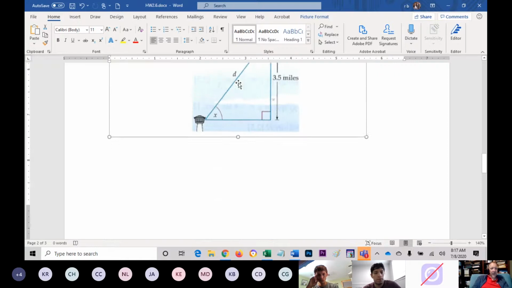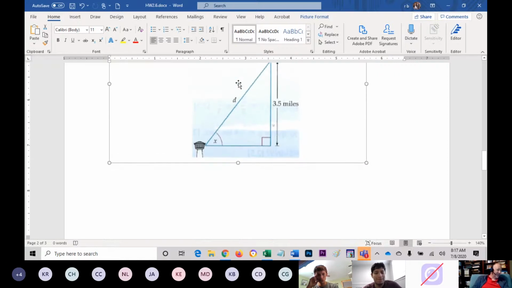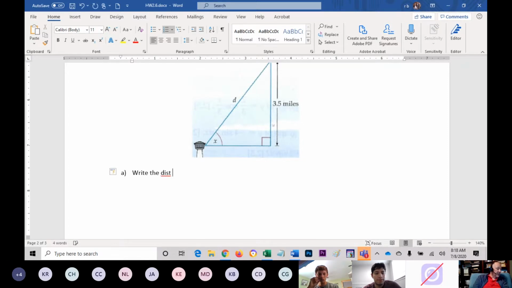Oh, what are we supposed to ask? I cut off the question, didn't I? Okay, I didn't notice that. Part A says, write the distance d in miles between the tower and the helicopter as a function of x.